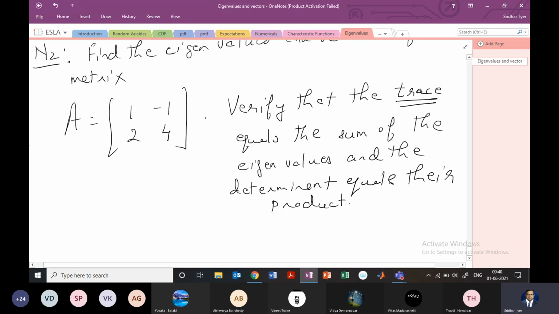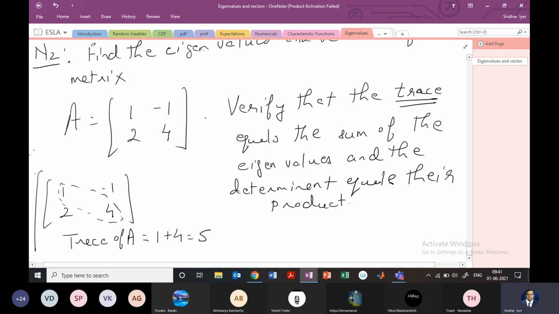So for any given matrix, let's just take this matrix only, 1, negative 1, 2 and 4. If you want to find the trace, the trace is nothing but you take the diagonal values, that is 1 and 4. It is written like this: trace of A is equal to 1 plus 4, and that is equal to 5.